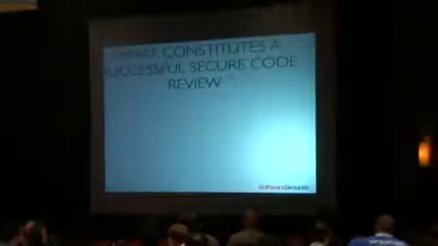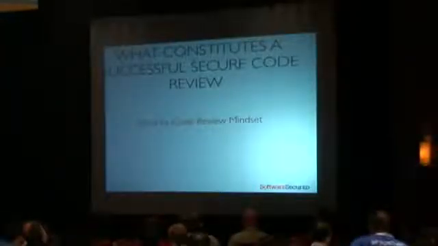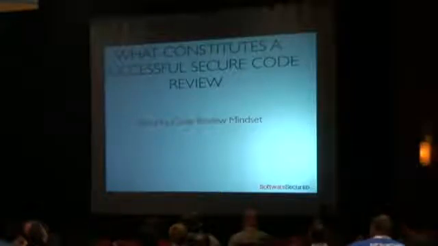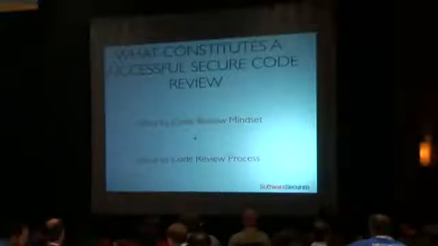So, what constitutes a successful security code review? Two things: security code review mindset and a good security code review process. So what does a security code review mindset look like? If you're writing code, your concerns are probably two things: the code compiles and the code runs, right?